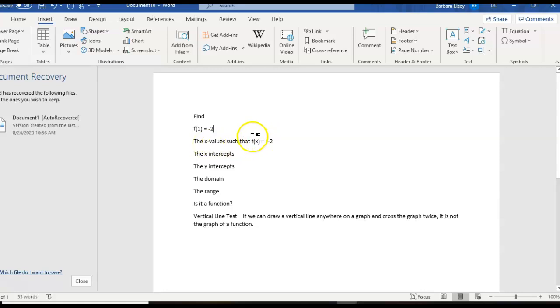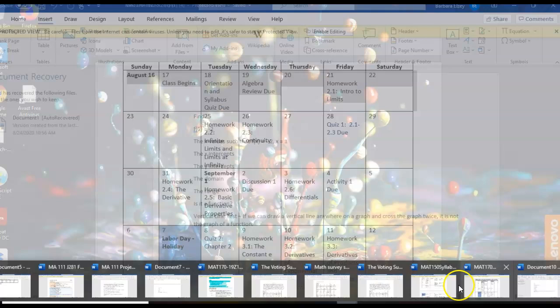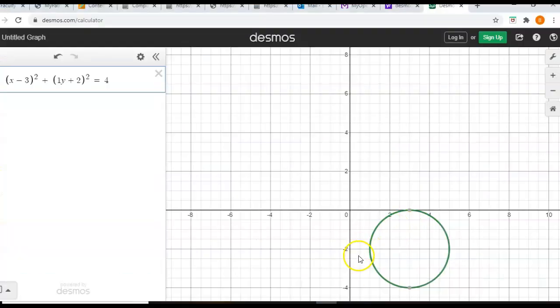Now let's answer the second question. The x value is such that f of x equals negative 2, so that the y value is negative 2. Well, we already know one of them is 1, but let's look back because there's another one. So we're looking for a y value of negative 2. Here's the y value of negative 2, and here's our x equals 1 that we just got.